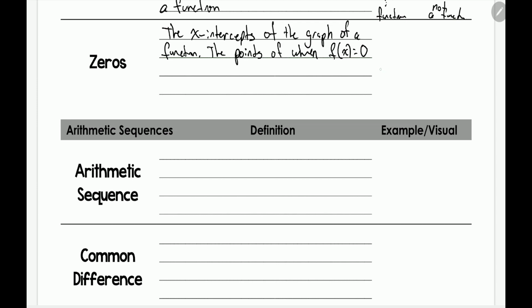So in other words, if we have a function that looks like this, we have a 0 here, here, and here. Basically, it's where it crosses the x-axis, and these are called zeros. Okay?